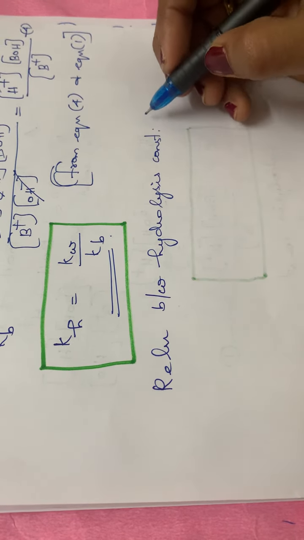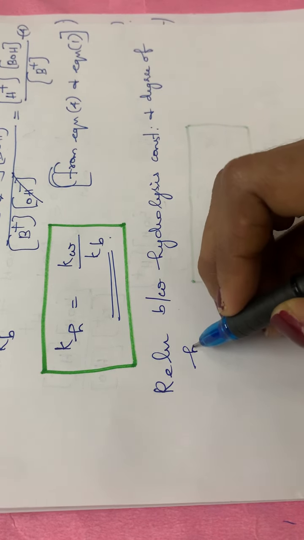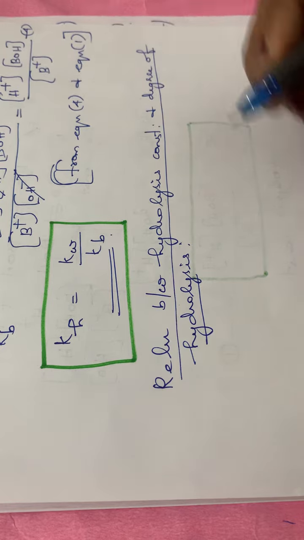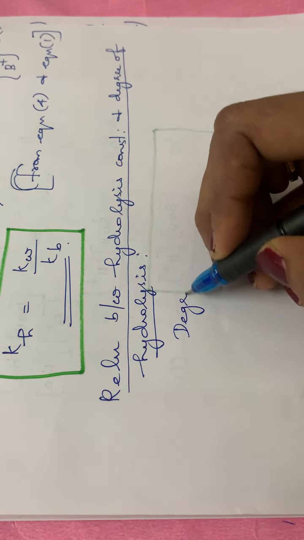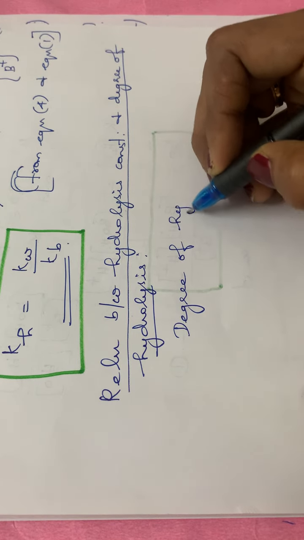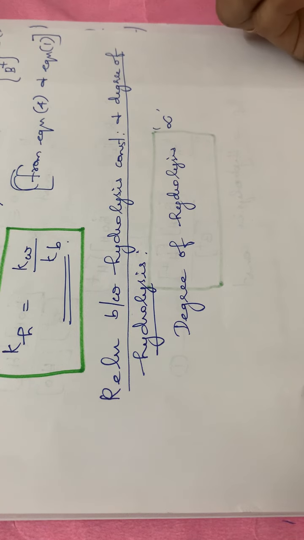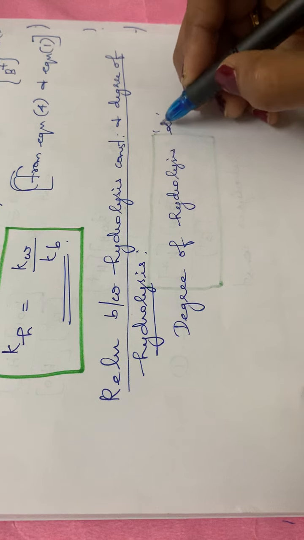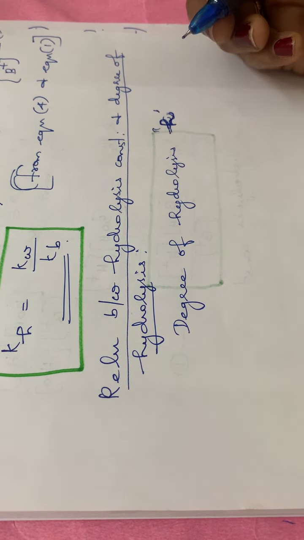Degree of hydrolysis, we had already seen, is denoted by, not alpha, sorry, it is denoted by h.